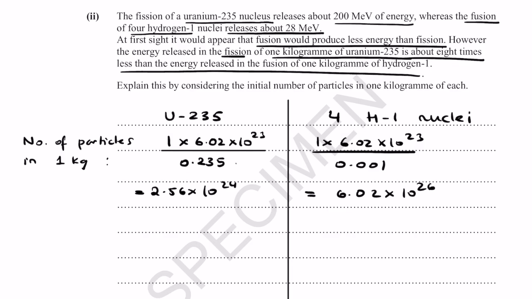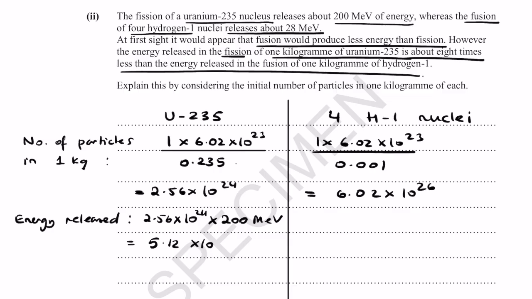And now I can work out the amount of energy released in total. So energy released is going to be 2.56 times 10 to the 24 times 200 MeV, which gives me 5.12 times 10 to the 26 MeV, because these many particles are in 1 kilo, and we are given that this is the amount of energy per fission.